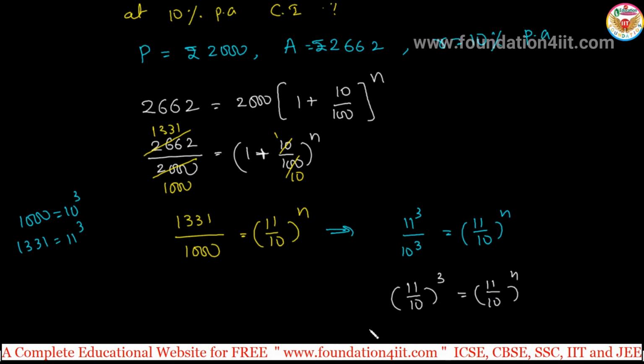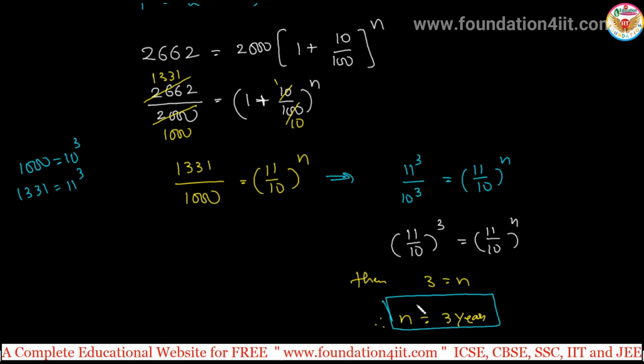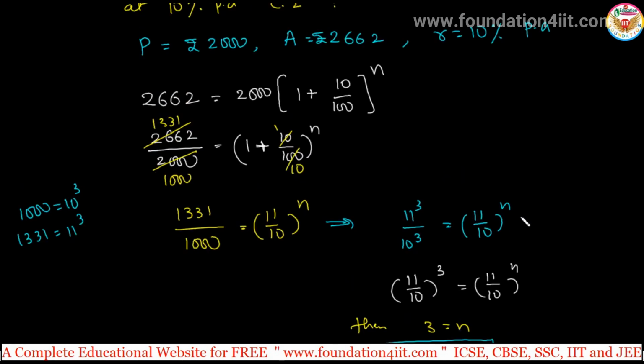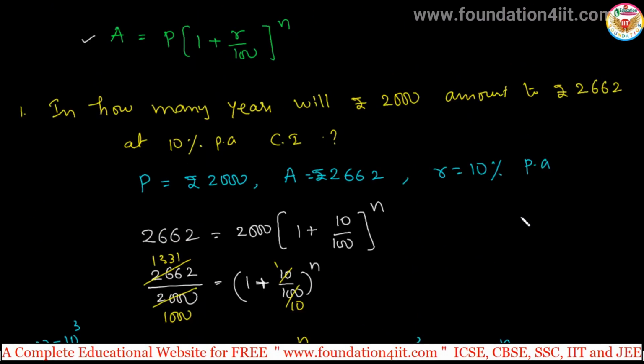So 3 is equal to n. Therefore n is equal to 3 years. So in 3 years, 2000 amounts to 2662.